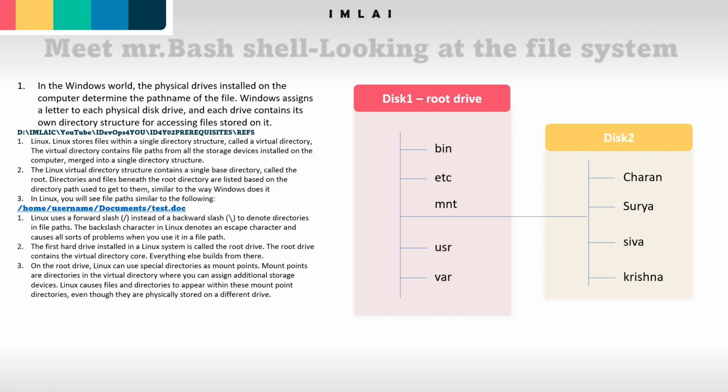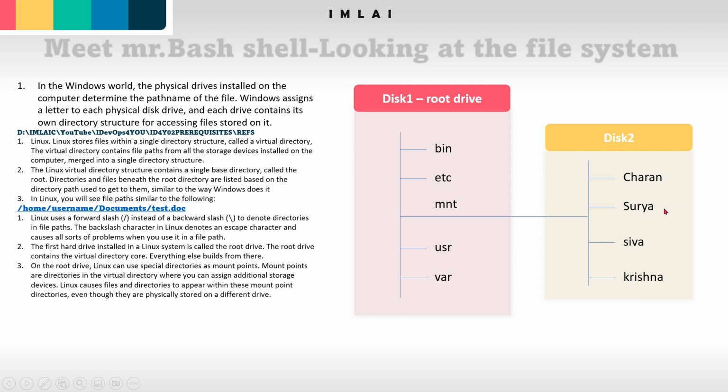However, for the representation in the Linux system, it doesn't consider the names of the actual disks. It will just show a common pattern, that is forward slash bin or forward slash home then forward slash Surya.